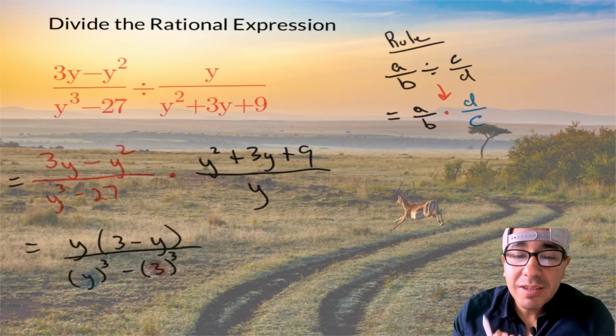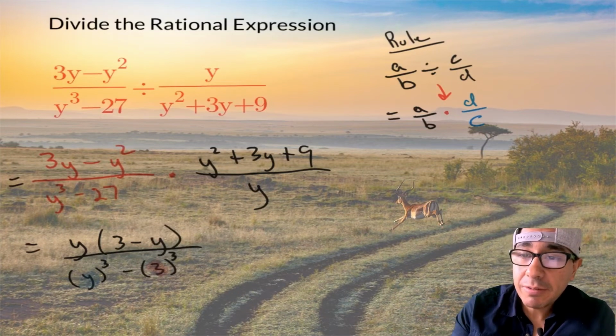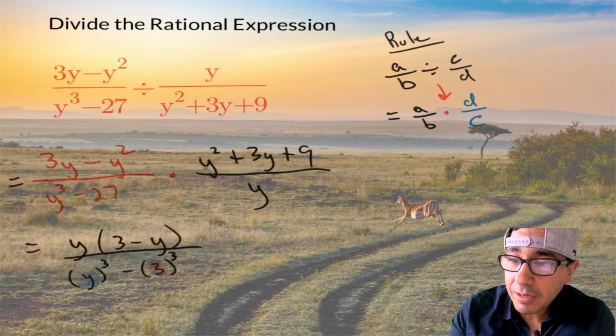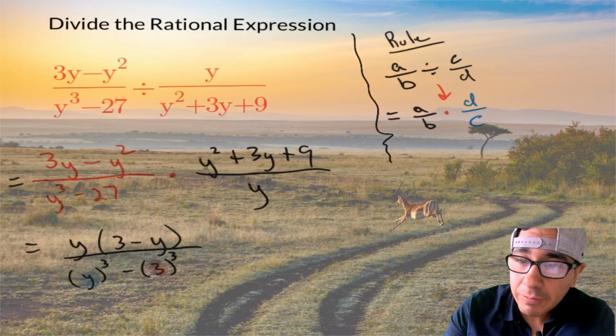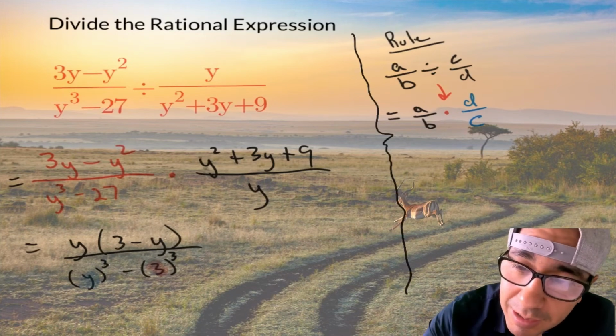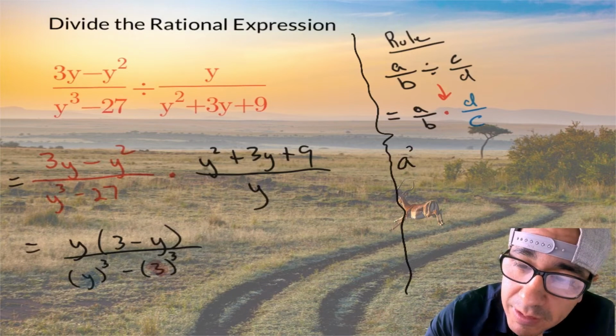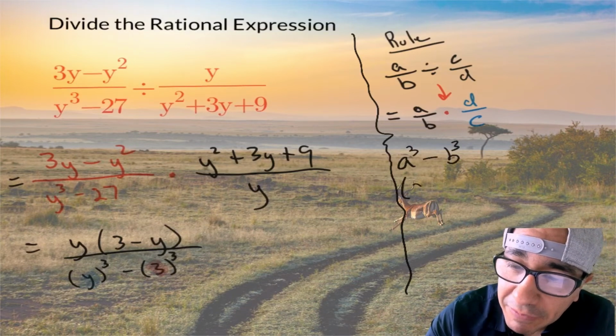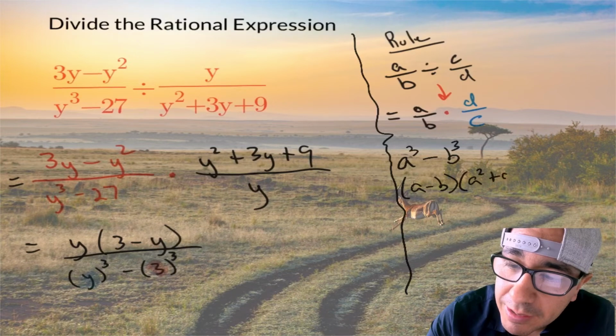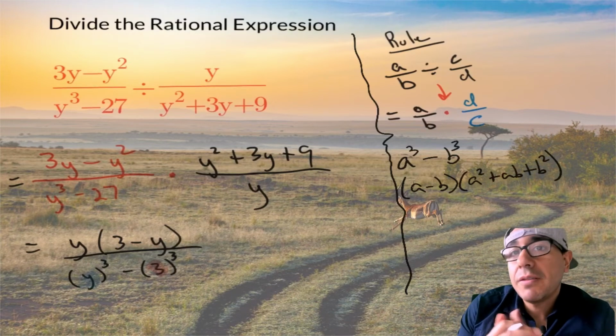So when I use the difference of cubes formula, another rule, let me go ahead and write this rule over here for you. So difference of cubes, when you have something cubed minus something cubed, the way to factor that is it's a minus b, and then a squared plus ab plus b squared. So that's our difference of cubes formula.